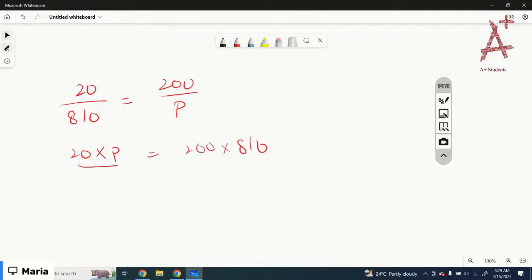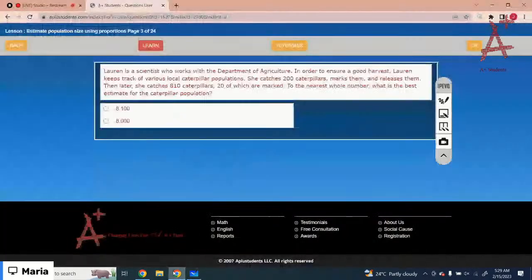Just divide both sides by 20. 20 and 20 cancel out. You are left with P. 20 times 1 is 20 and 20 times 10 is 200. It would be 8100. So the correct option is 8100.